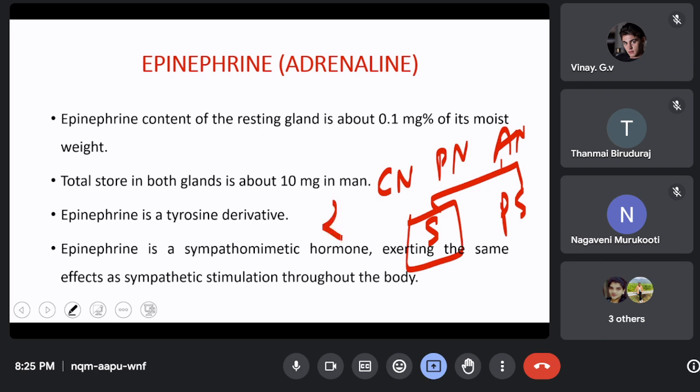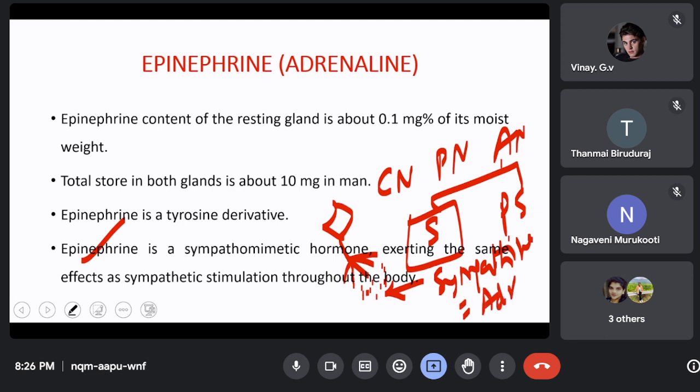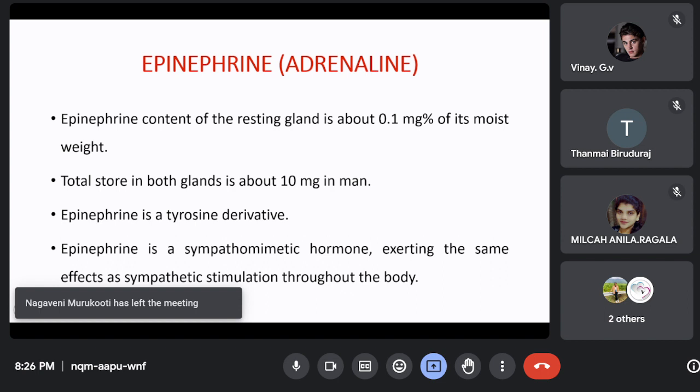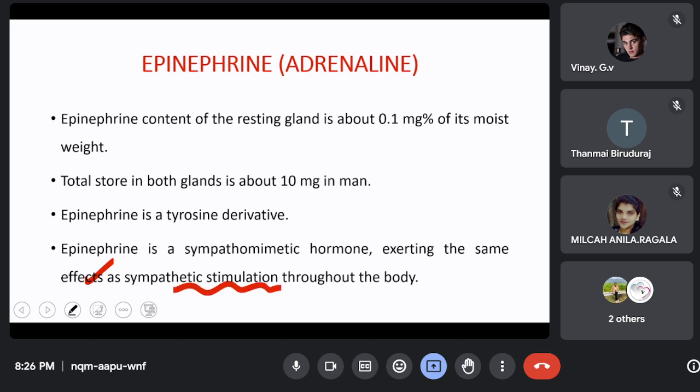And here, what happens is at the nerve endings, a chemical substance like acetylcholine is released, and that is referred to as sympathin. Okay, and epinephrine, that means adrenaline, is almost similar in activity to sympathin. Hence, we call it a sympathomimetic hormone. That means it exerts the same effect as sympathetic stimulation in the body.